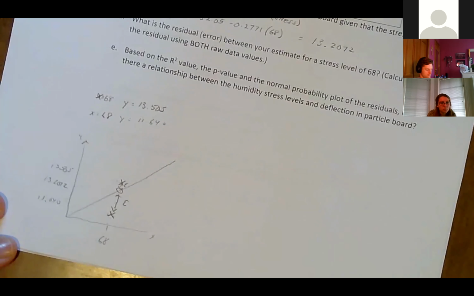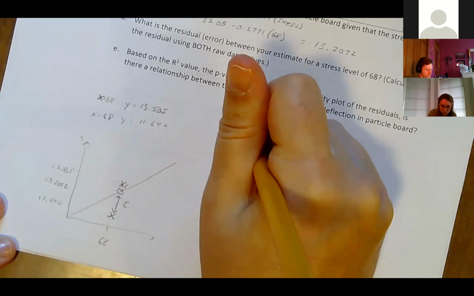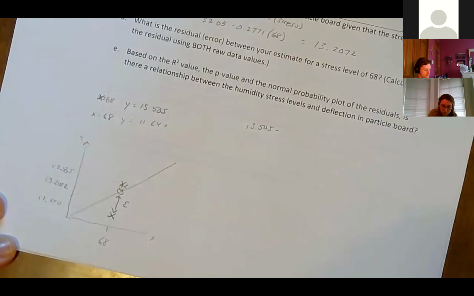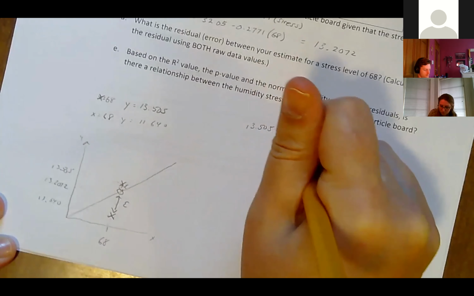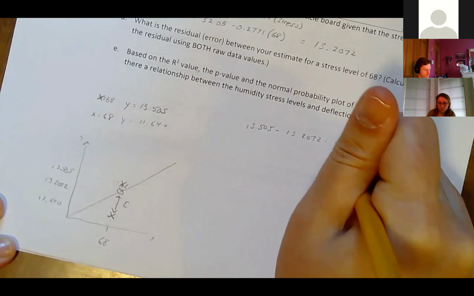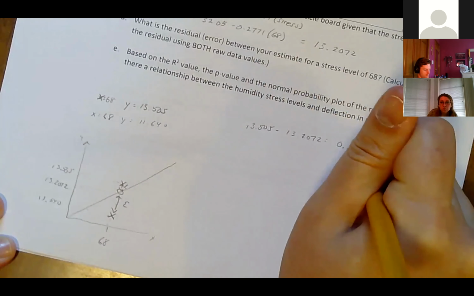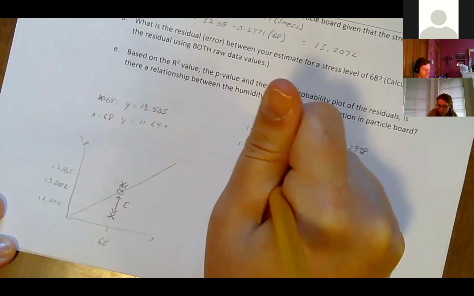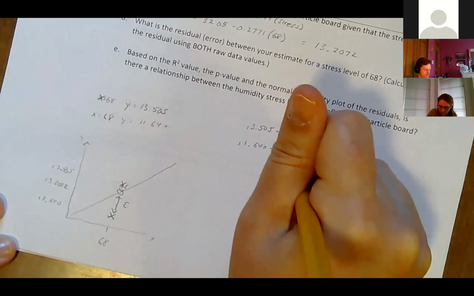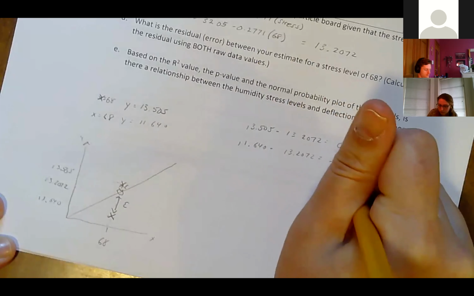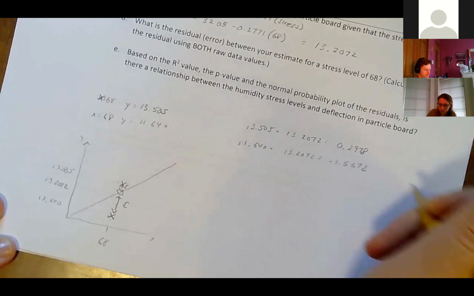So it happens to be that this value 68 actually shows a pretty big residual, because if I take 13.505, which is my raw data, and subtract from it 13.2072, I get 0.2978, and then 11.640 minus 13.2072, it's equal to negative 1.5672.